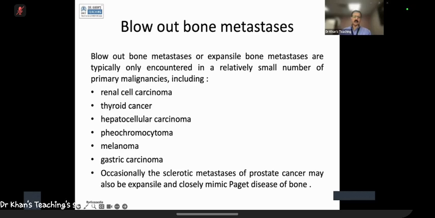Otherwise, hepatocellular carcinoma, pheochromocytoma, melanoma, gastric carcinoma. And there is an appearance we call soap bubble appearance, particularly in pelvic bones. Look for these two.